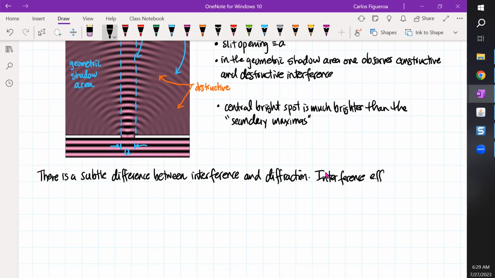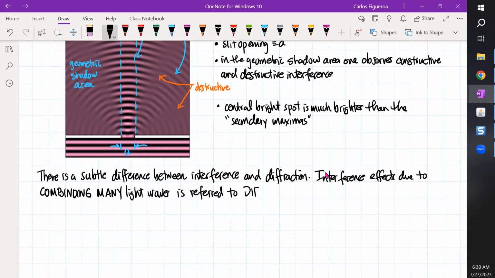Interference is due to combining not two waves, but many light waves, and is referred to as diffraction.